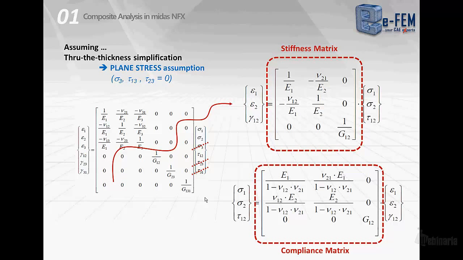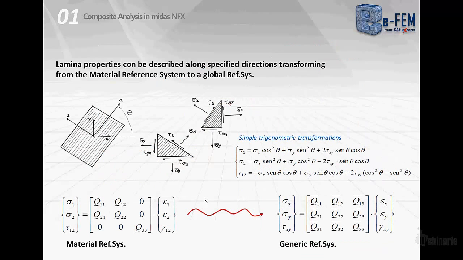This is made for a reference system that is aligned to the material properties. So if we use the material reference system, that is, one which has principal axes aligned to the material direction, we can use the previous matrix.